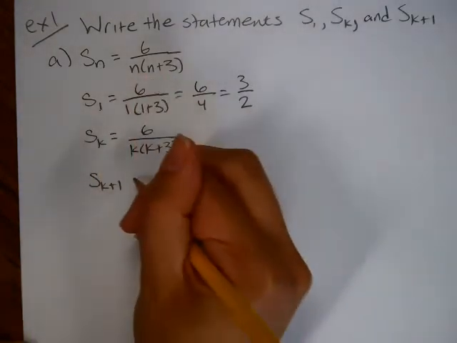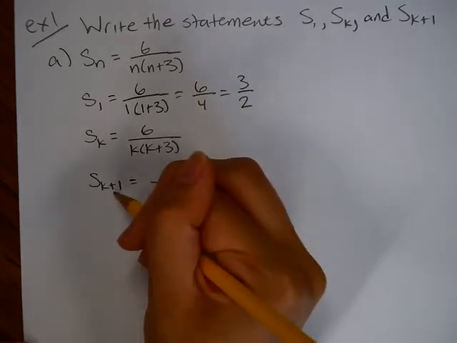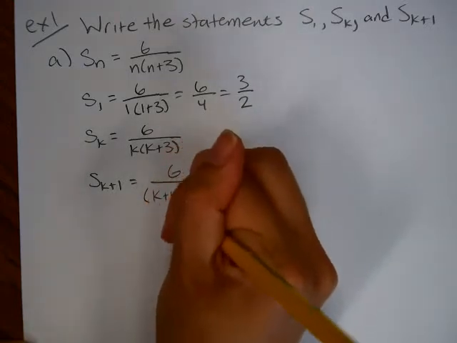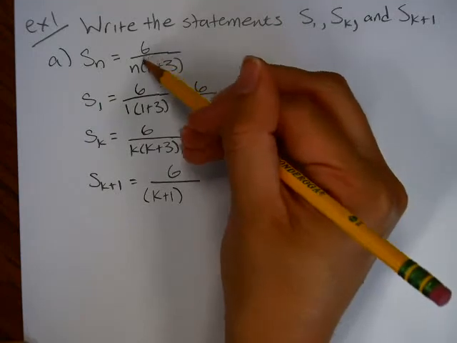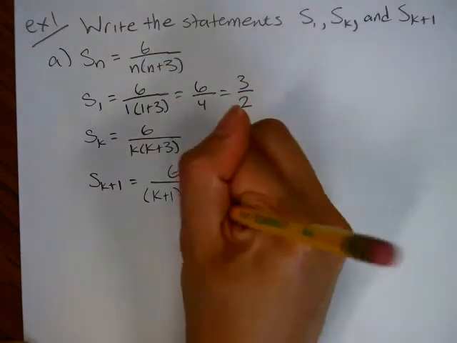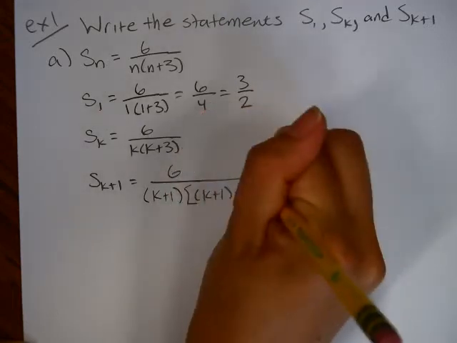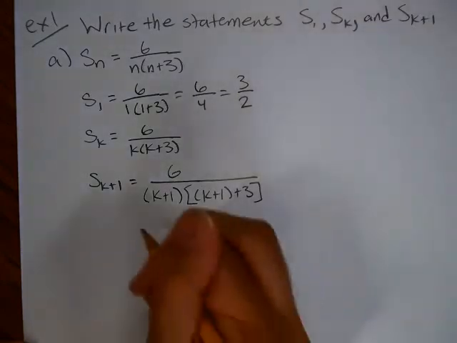And finally, Sk plus 1, we're going to plug k plus 1 in for both of these n's. 6 over, I always recommend when you plug in k plus 1, put parentheses around it. So k plus 1. Now if I put parentheses here, these outer parentheses will become brackets. That would be Sk plus 1. Can this be simplified?